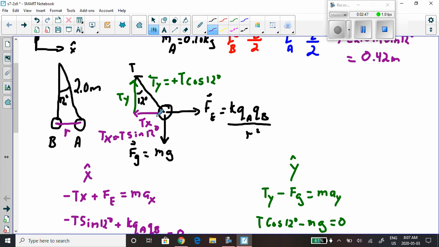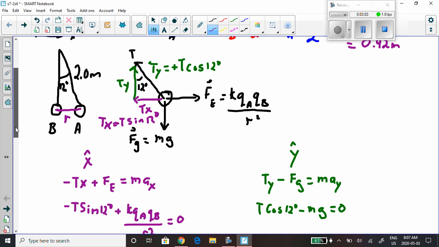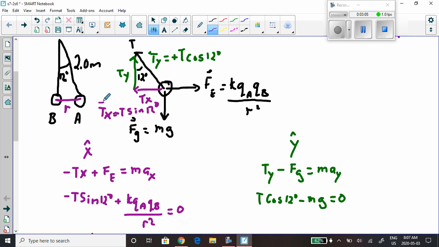Tension X is in the negative X direction, and since it's opposite to the 12 degrees, it's negative tension sine 12 degrees. There it is. Better put the vector signs there. Forgot to do that. There's the vector sign.